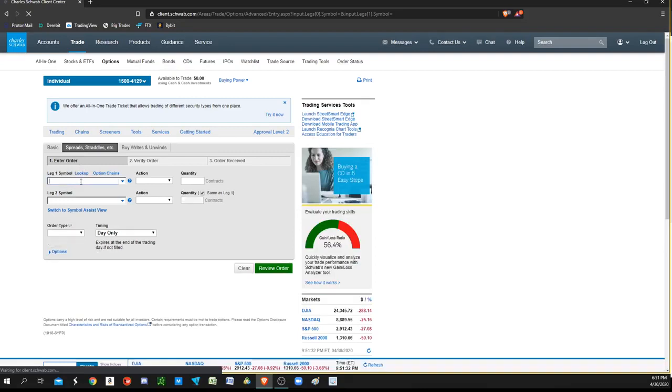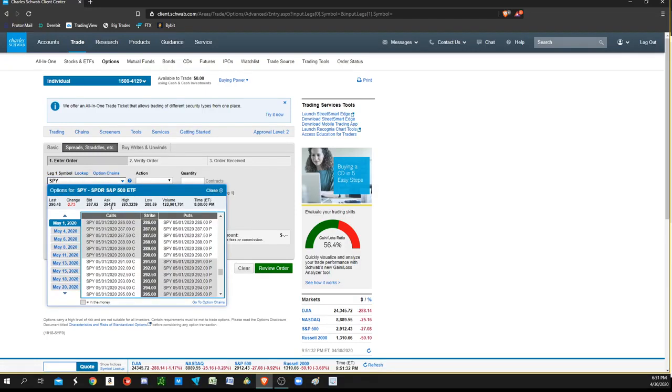Symbol is SPY. And then your options are all going to come up. This is brutal. So July 17th options.